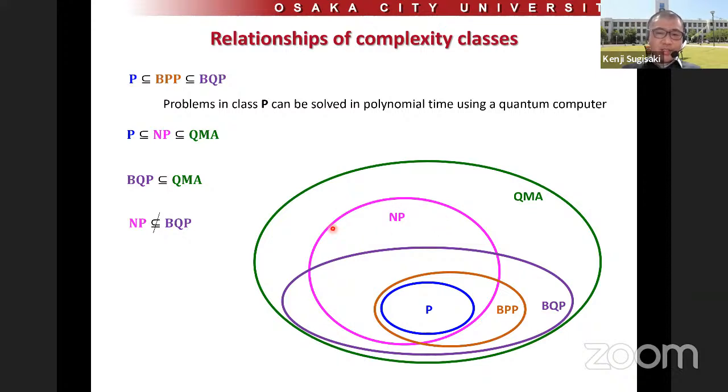Because if an NP-complete problem were in BQP, then all problems in NP could be translated to the NP-complete problem in polynomial time, so all the NP problems would be included in BQP. But because NP is not included in BQP, the NP-hard problem is somewhere around here. And also, the BQP-complete problem is somewhere around here.